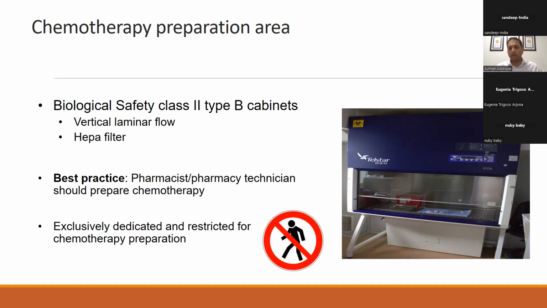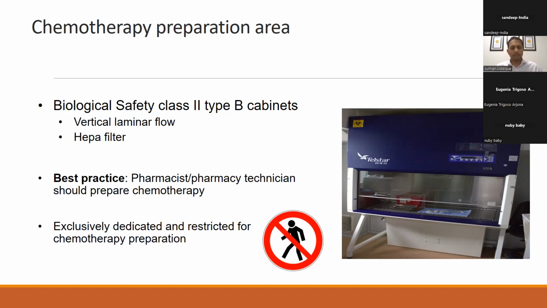So if there are any particles that can come towards the nurse or the pharmacist who is preparing the drug, because of the air blown from top to down, the risk is significantly less of that droplet or the particle to come towards the one who's preparing. It usually goes down. And you can also see there's a glass at the front to protect from any particle or spills coming towards the handler.